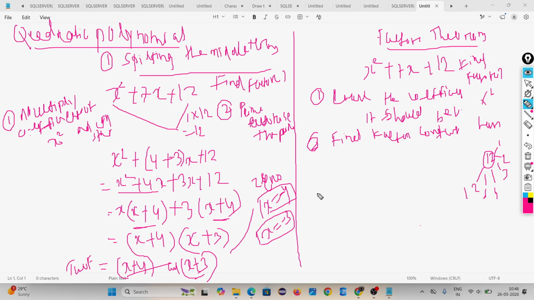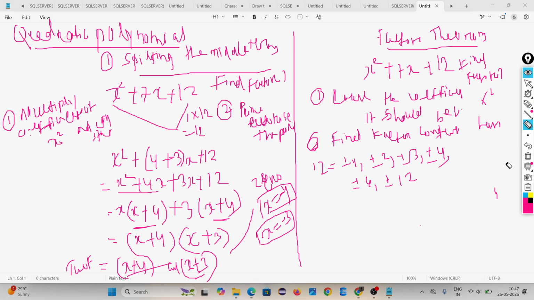Then you have to take plus minus: plus minus 1, plus minus 2, plus minus 3, plus minus 4, plus minus 6, plus minus 12. These are the factors.